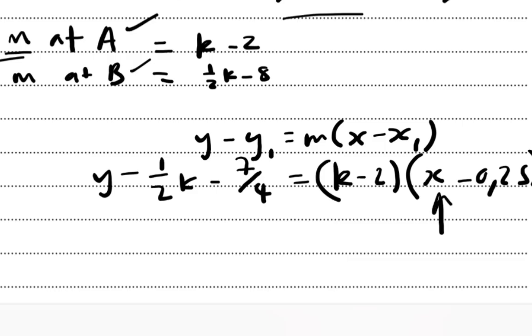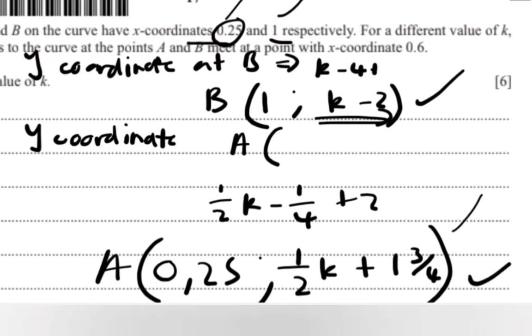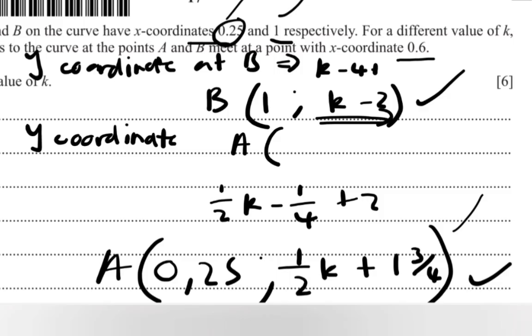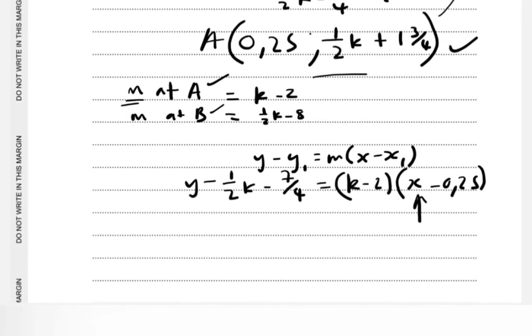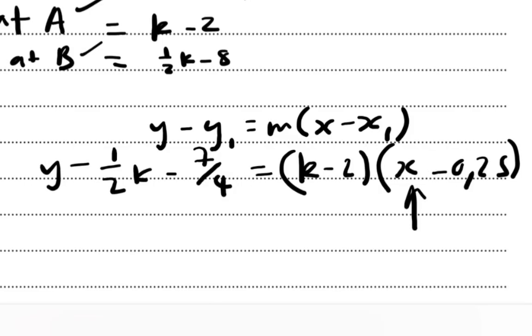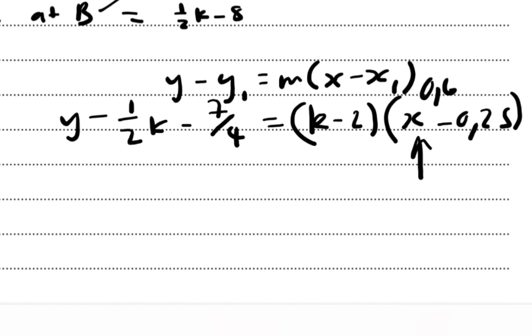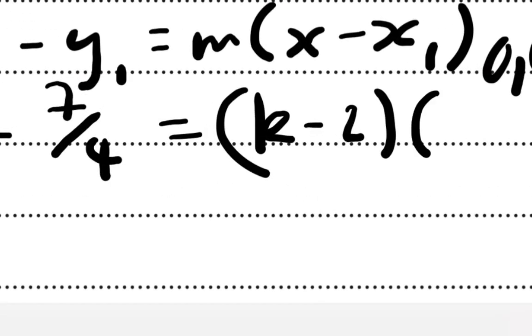And we know x has a value of 0.6 at the point where they meet, and since we're going to equate these two, we can substitute 0.6 here, and 0.6 minus 0.25 is 0.35. So this whole bracket will give us 0.35.